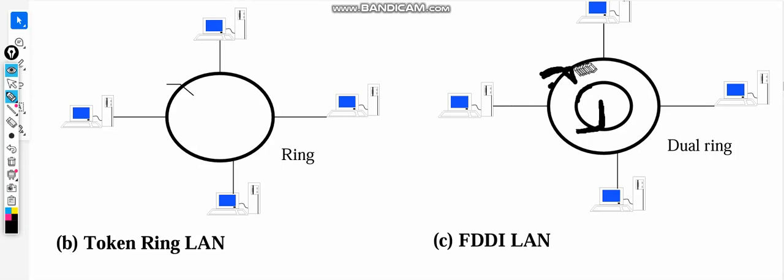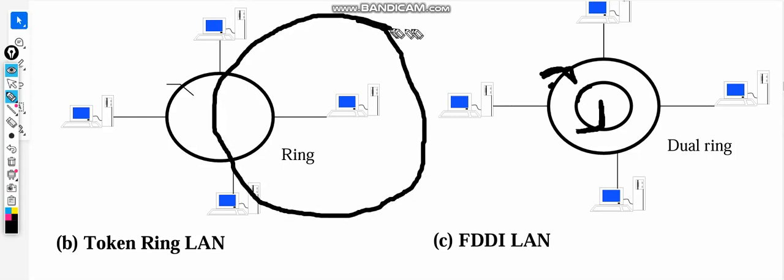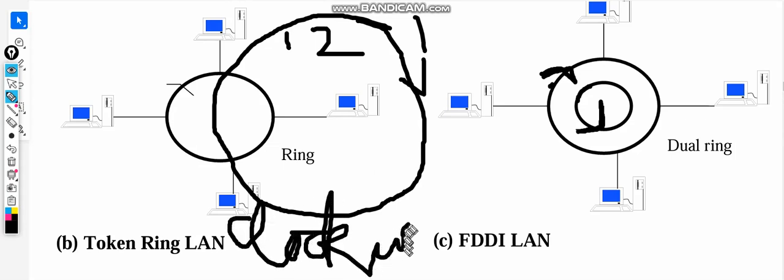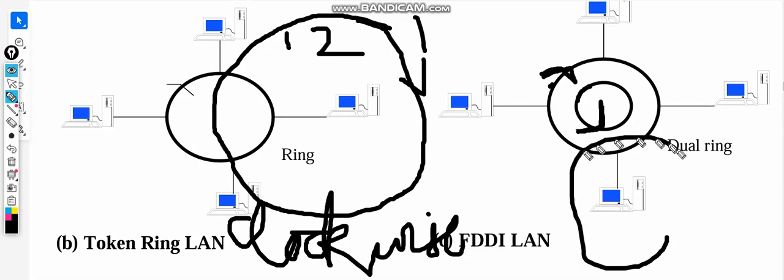See how the clock moves, from 1 to 12. Clock movement is like this, so this is called the clockwise direction. What is anti-clockwise? The direction opposite to the movement of the clock. This is anti-clockwise.